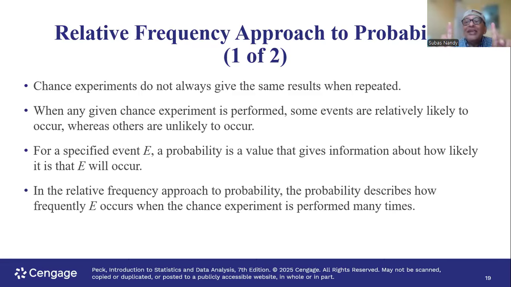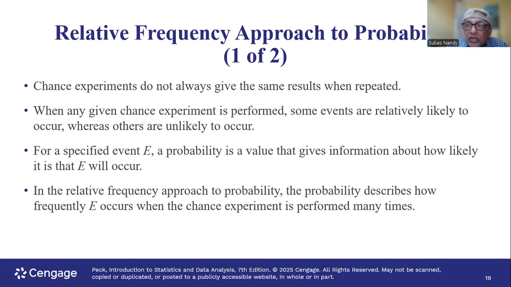Like I said at the beginning of this lecture, if you toss a coin 10 times, you're not going to get 5 tails and 5 heads. Why? Because the number of tosses is too few. However, if you toss the coin 5,000 times, quite likely you will get close to 2,500 heads and 2,500 tails. So the relative frequency approach gives the probability of head as 2,500 divided by the total number of tosses, 5,000, which is 0.5.